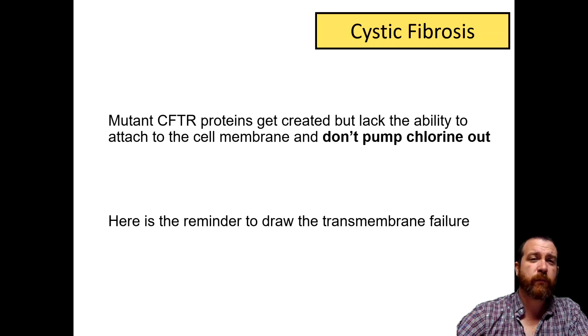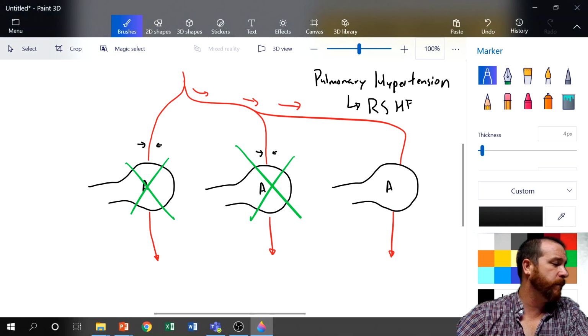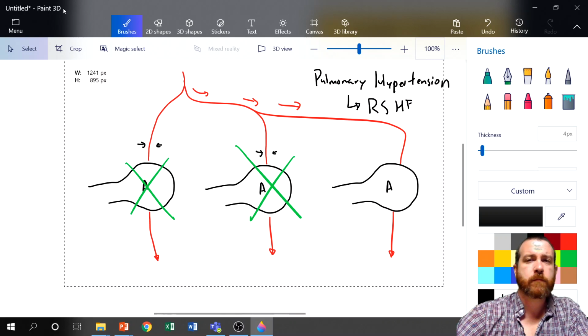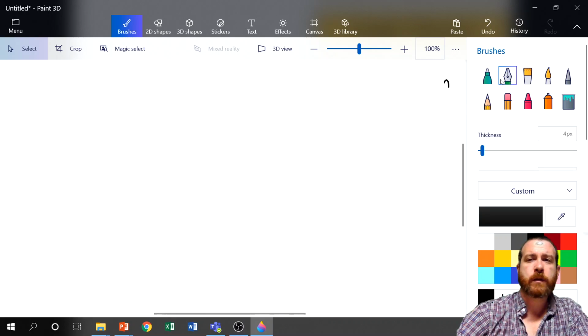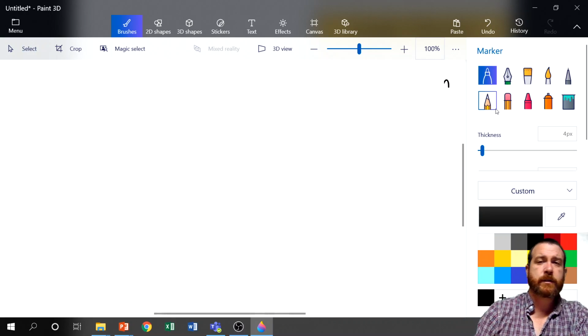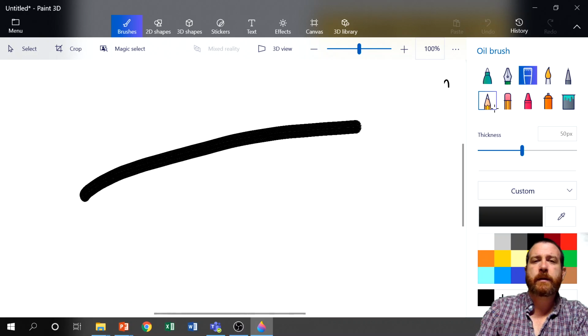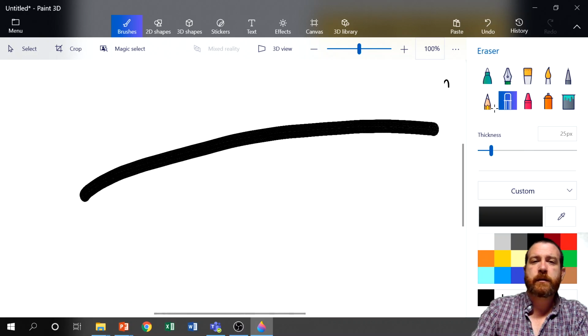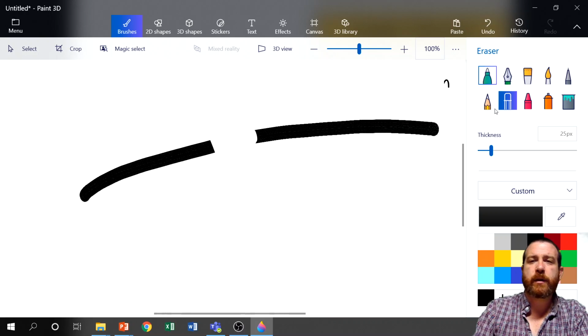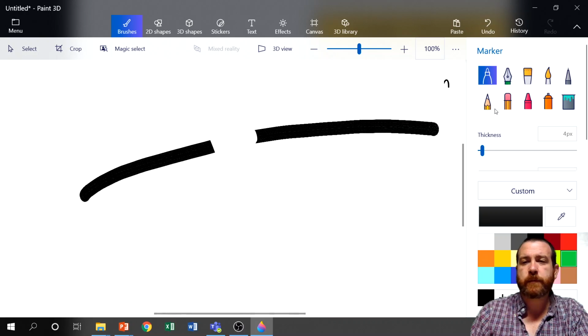Individuals with this broken version of the CFTR gene have a pretty characteristic problem, and it's going to be present in all cells around the body. So when we're talking about transmembrane conductance, remember we have that lipid bilayer, which is supposed to be allowing this transmembrane protein to be inserted.